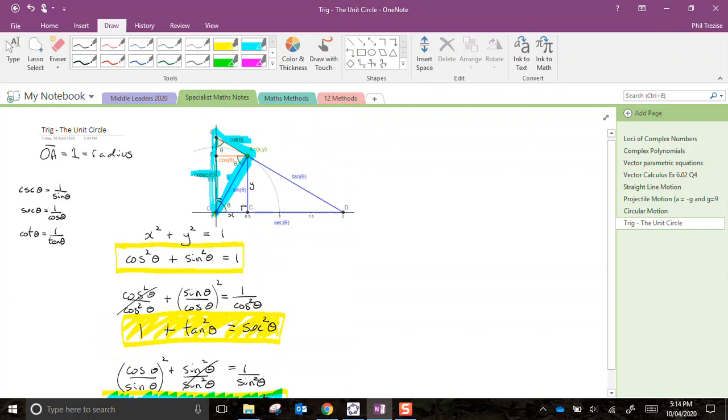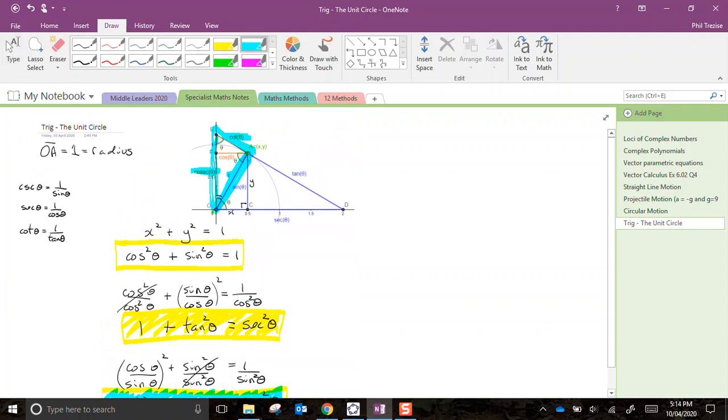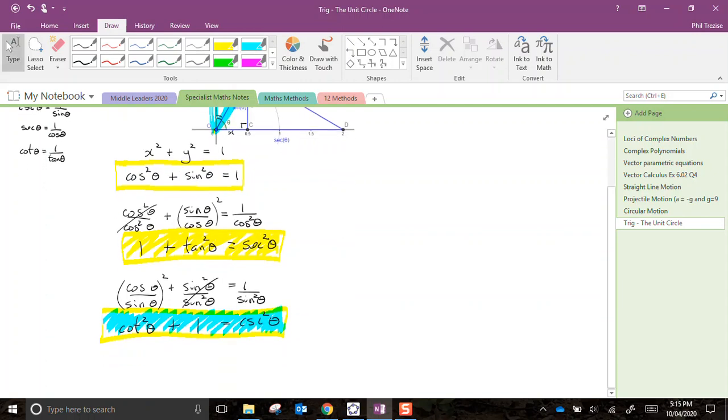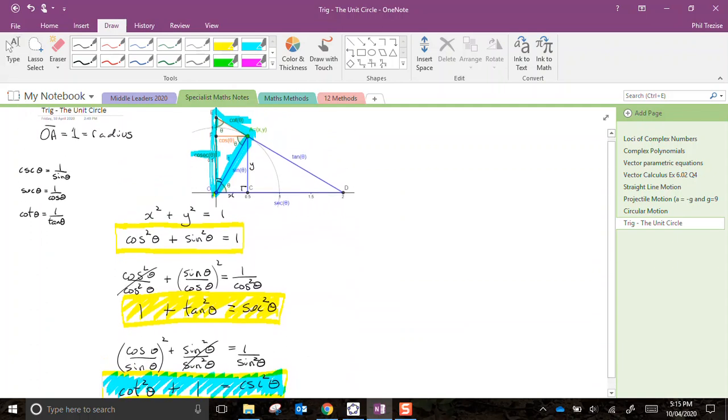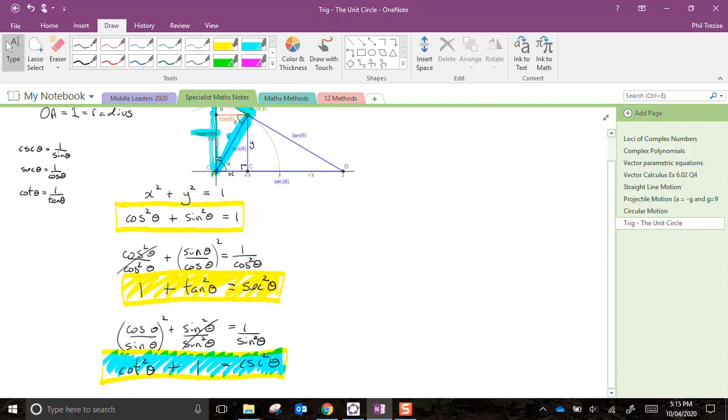The Pythagorean theorem appears in the triangle here with the complementary ratios. Isn't that interesting? And of course, the original one appeared from our first little triangle here with x and y and 1. So that is the 3 different versions of the Pythagorean theorem using the trig ratios and the inverse trigonometric ratios.